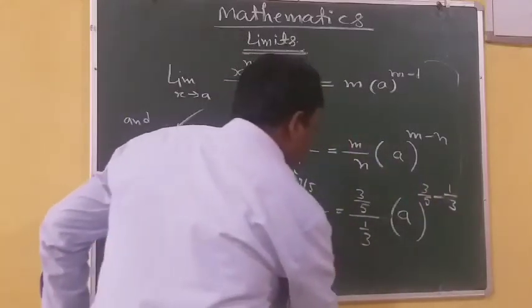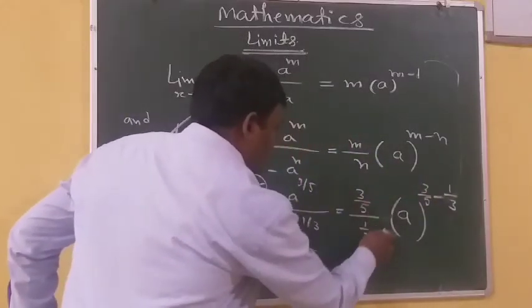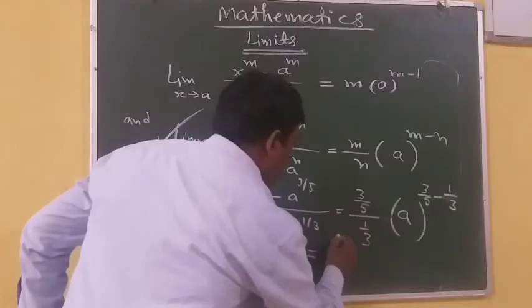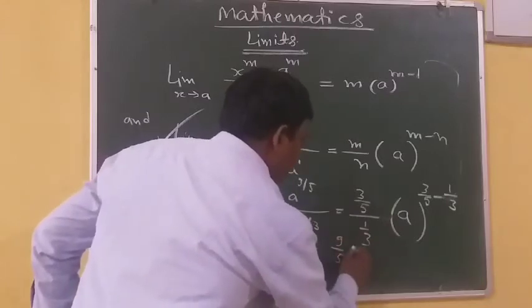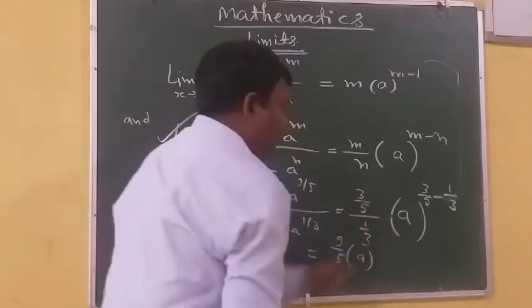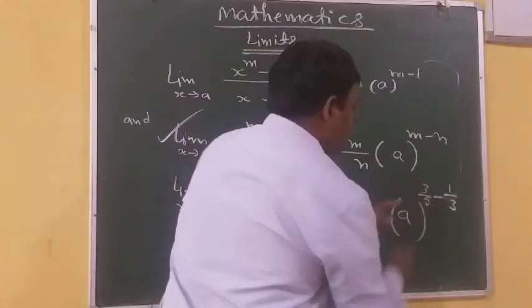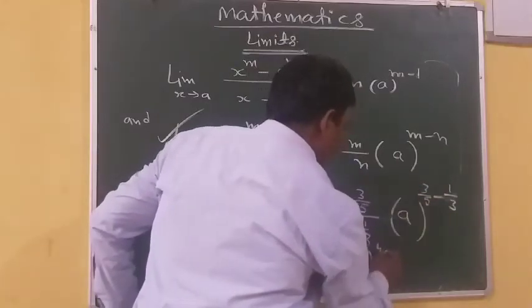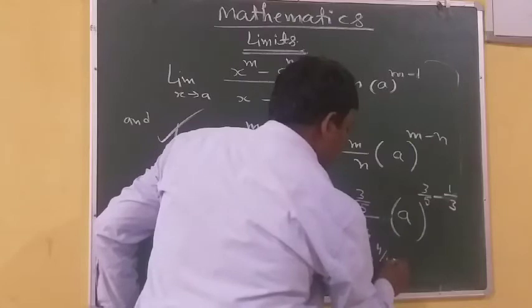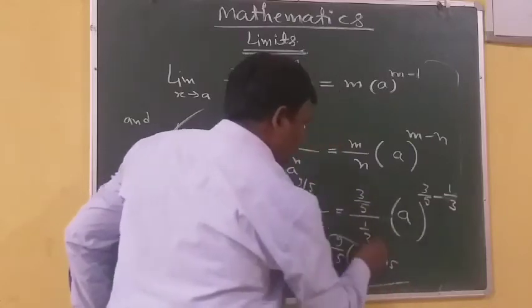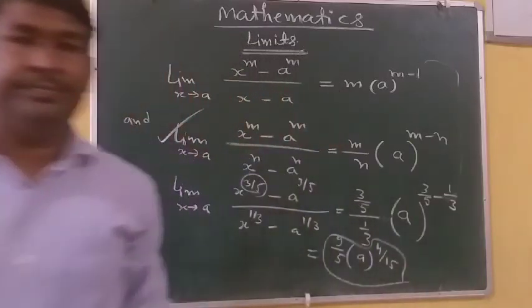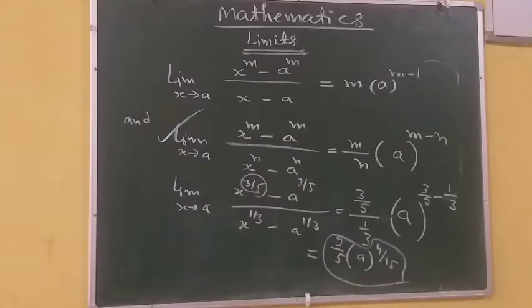So you can solve it. This 3 into 3 will be 9 by 5, a power 9 minus 5, 4, divided by 15. So this will be your answer.